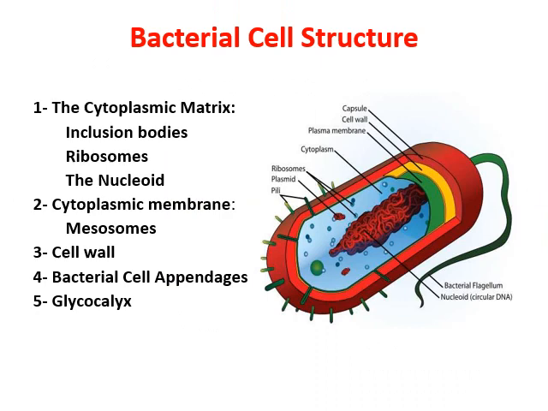As you can see, this is the bacterial cell structure. If you go from the inside to the outside, you can find the cytoplasmic matrix, including the inclusion bodies, the ribosomes, the nucleoid. Then you can find the cytoplasmic membrane, and outside the cytoplasmic membrane there is the cell wall. After that there are the cell appendages and the glycocalyx part.